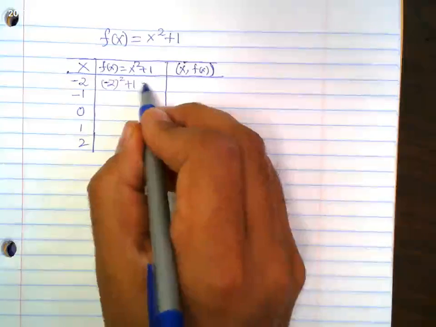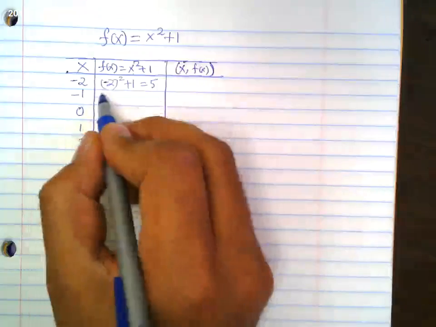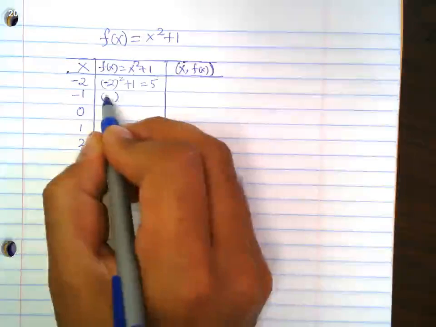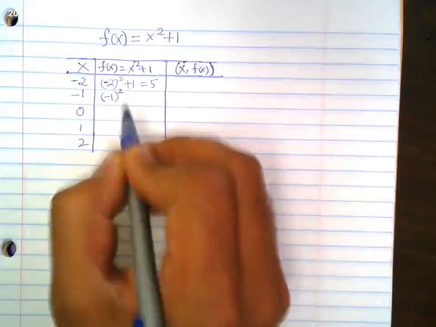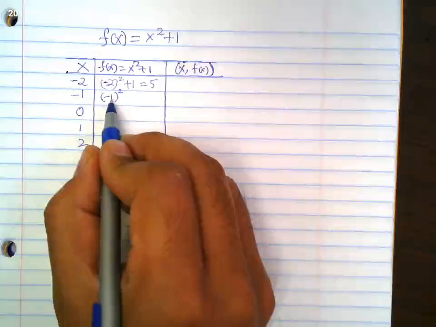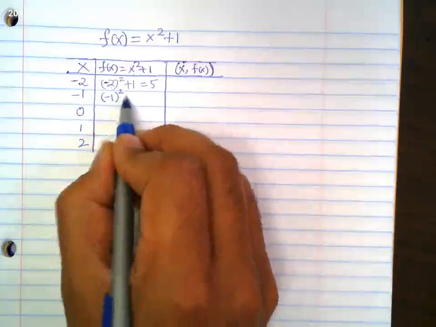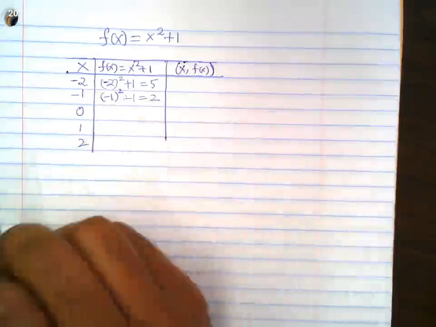So there's going to be 5 here. Let's try this one. You need to put a parenthesis: (-1) squared. -1 squared means -1 times -1, which is 1. So 1 plus 1 is 2.